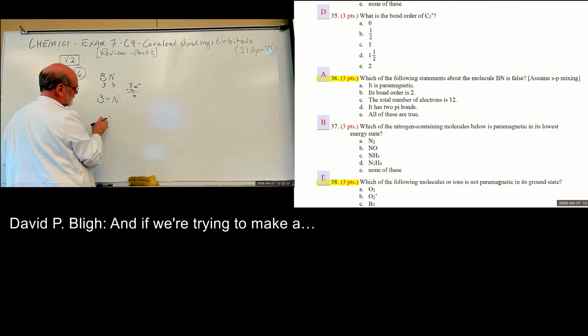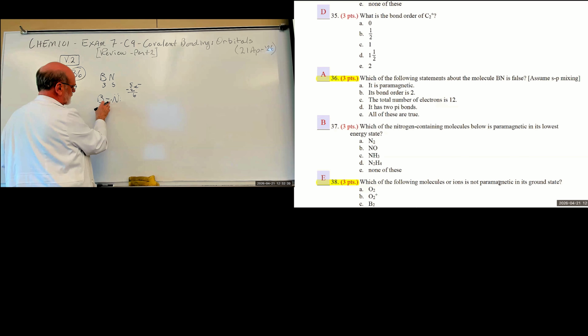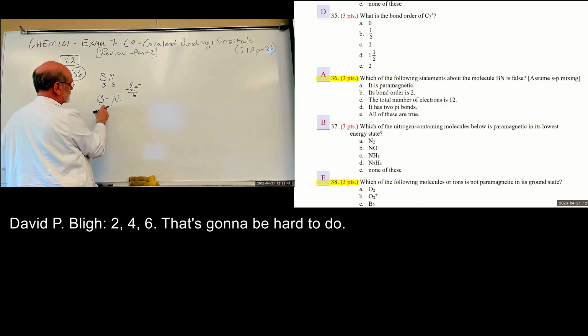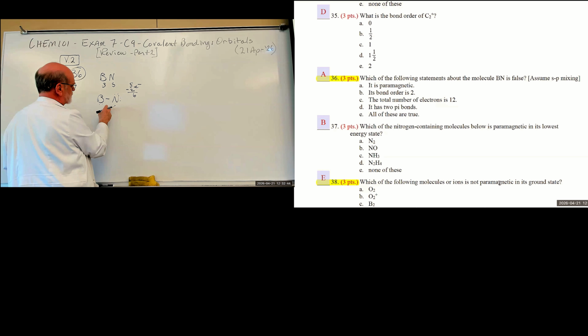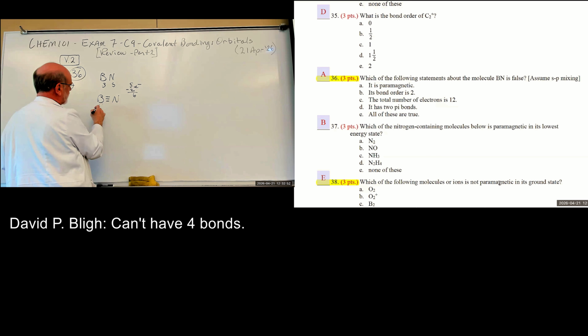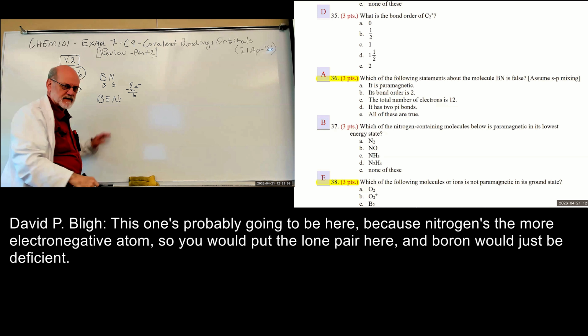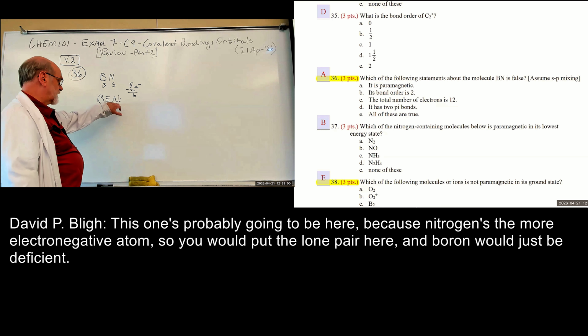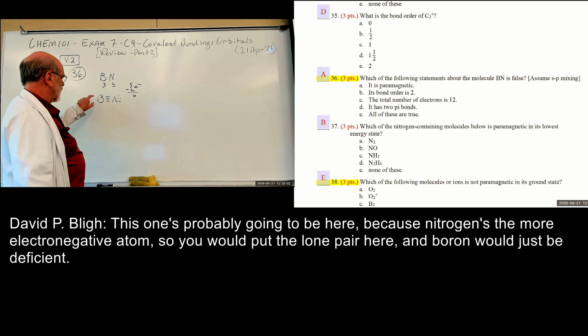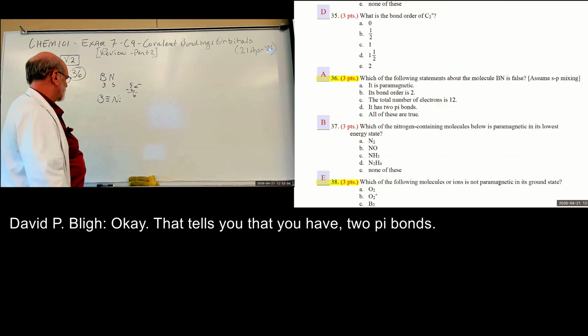And if we're trying to make a 2, 4, 6, that's going to be hard to do. Can't have 4 bonds. This one's probably going to be here because nitrogen's the more electronegative atom. So you would put the lone pair here, and boron would just be deficient.